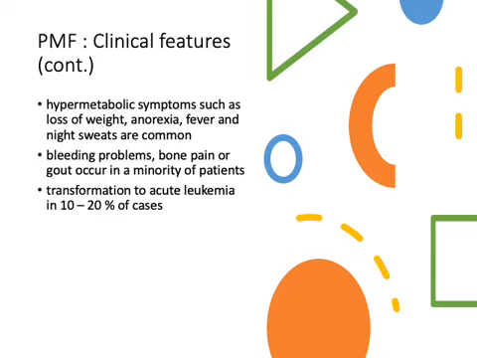There are also accompanying hypermetabolic symptoms such as loss of weight, anorexia, fever, and night sweats. Bleeding problems, bone pain, or gout occur in a minority of patients. Transformation to acute leukemia is seen in about 10 to 20% of cases.